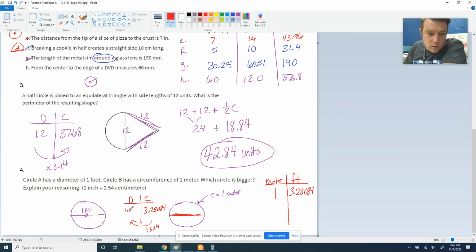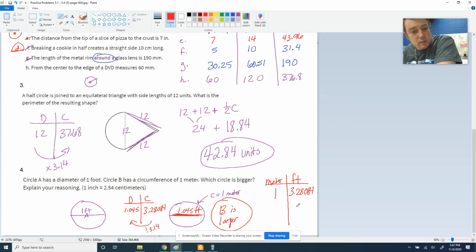So what's greater? It appears that B is slightly larger, right? And I think our reasoning here has been explained pretty easily with our conversions. So there you go. There's your help on your homework.